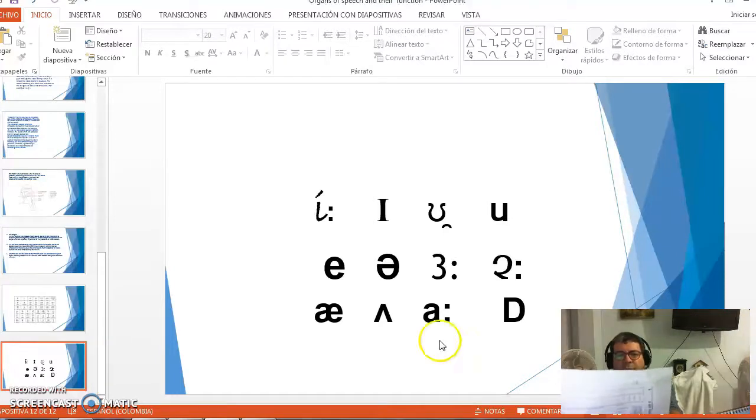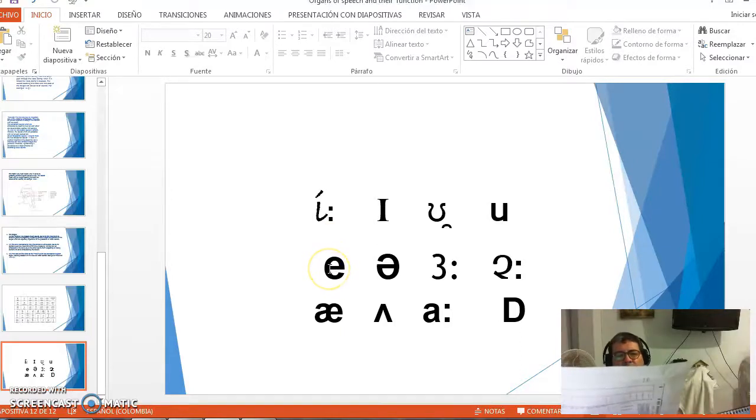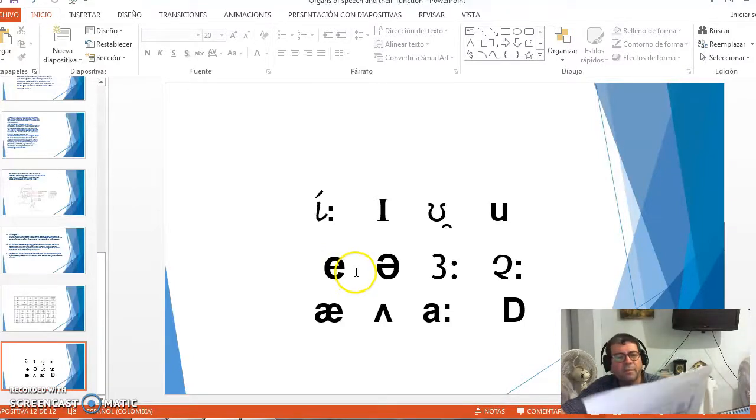For example, for the sound E, as in me, the mouth is narrow, and the sound comes from the front part of the mouth. As in ten, the mouth is half open, and the sound comes from the middle part of the mouth.